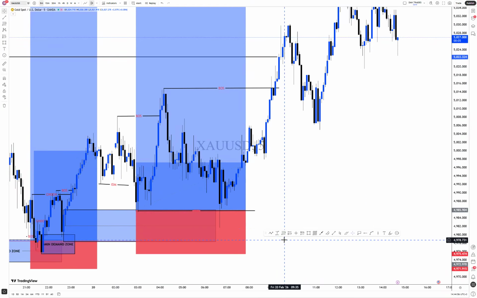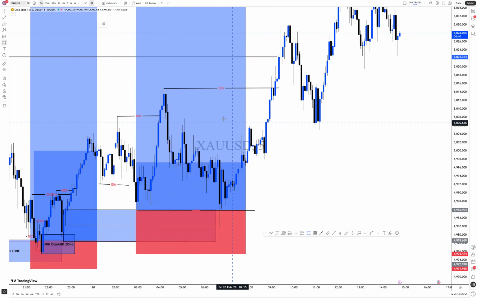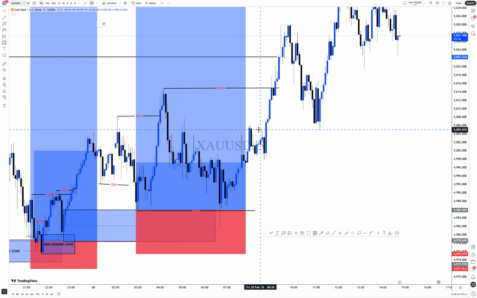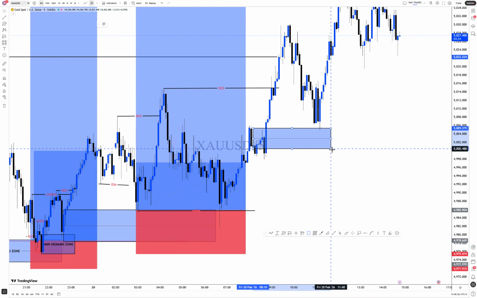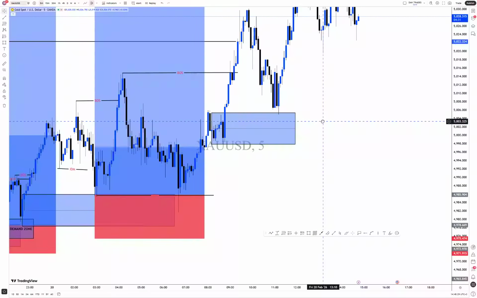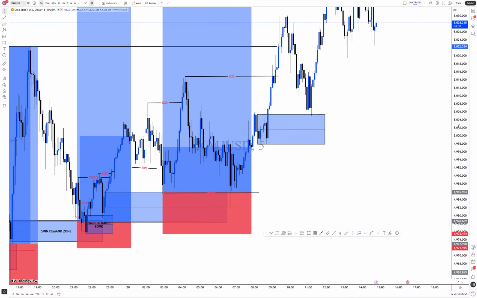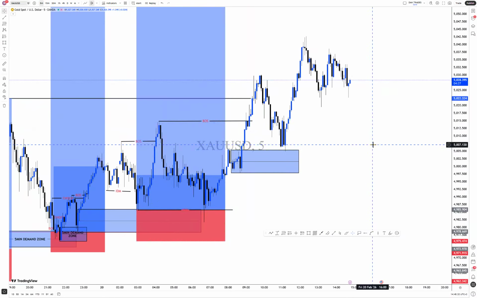Then, if you are looking for an order block which created this breakout structure, then really, in the real sense, around this area, we can take this area to be an order block, right? Which led to this breakout structure.